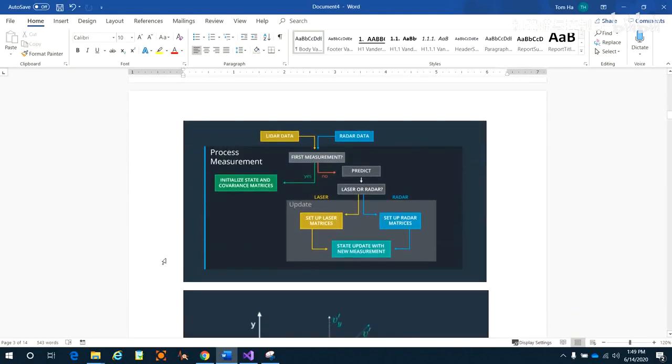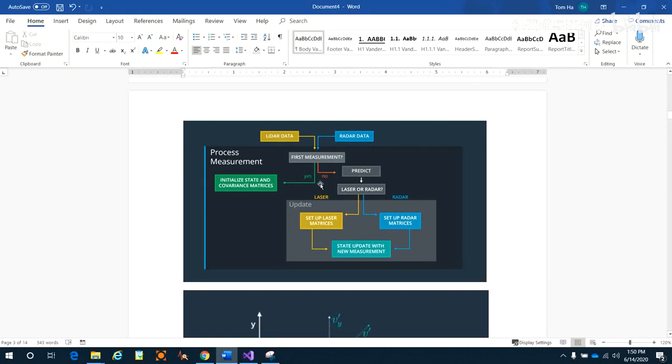In this topic, I also mentioned the sensor fusion. Sensor fusion means you combine the data from several sensors. For example, right here, an autonomous vehicle uses lidar data and radar data.